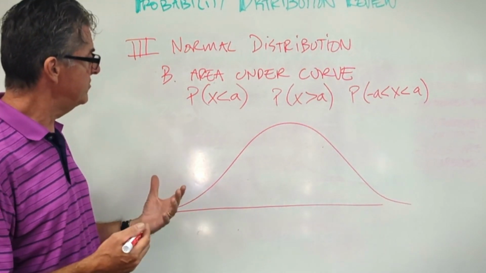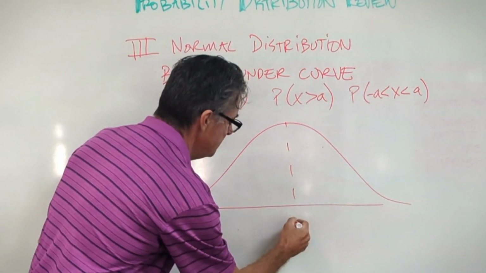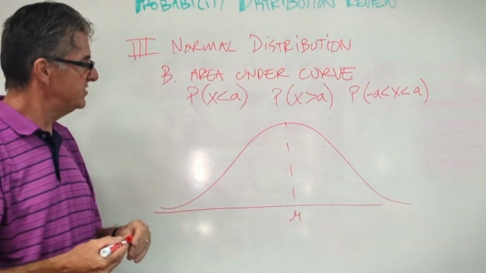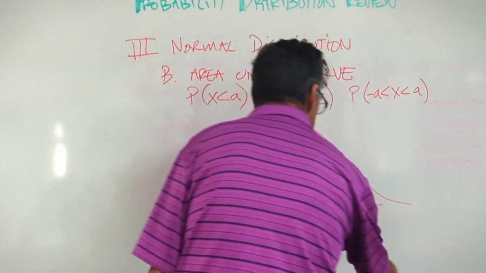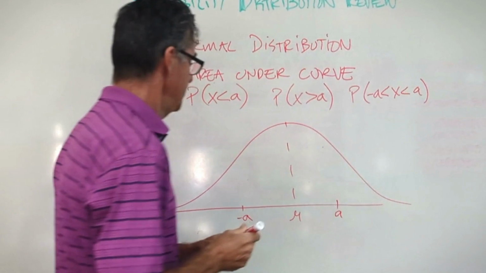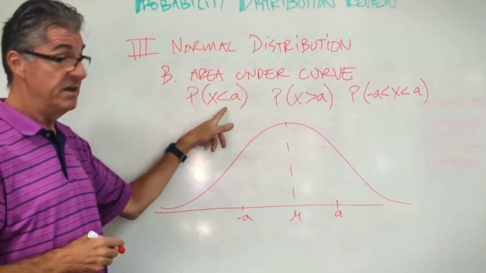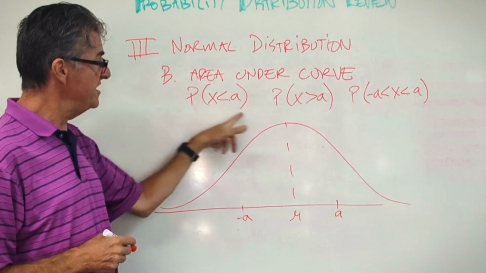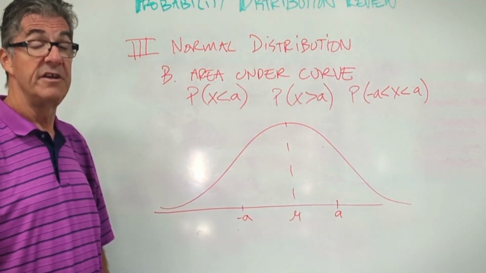So what I'd like you to do is sketch your curve, we have our mu there, and add an A. Actually, I'm going to add the A and the negative A, okay? Now take a minute and shade the area that is the probability for this calculation. Where is that area going to show up on your graph?